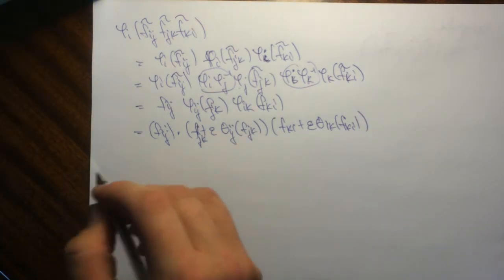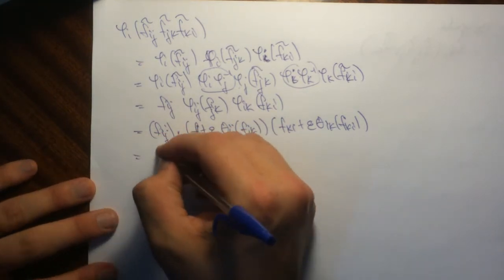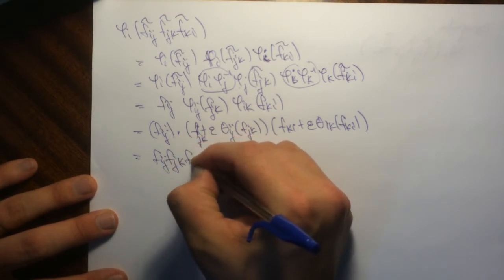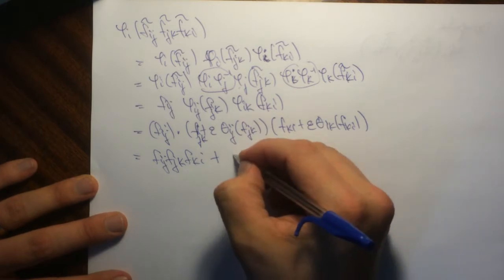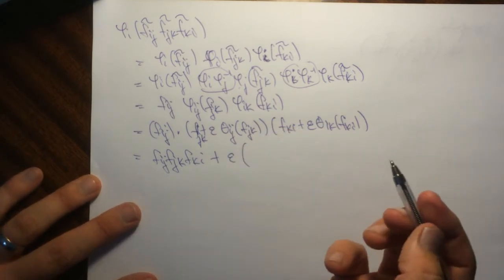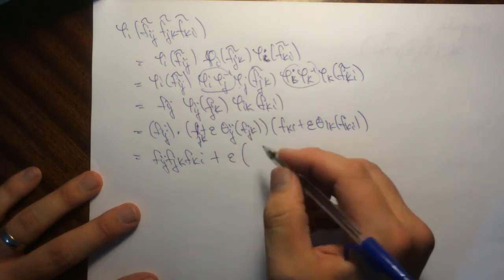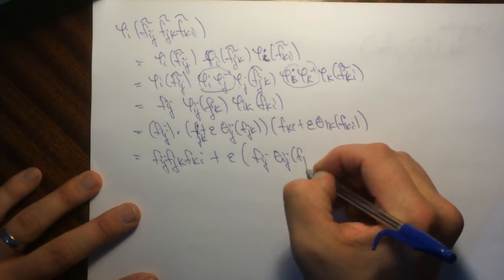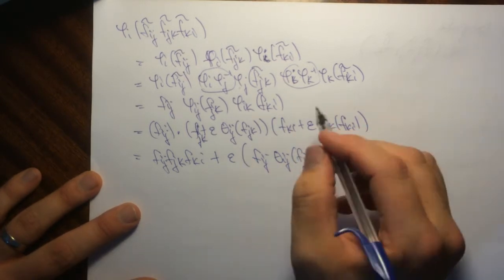Okay, so here we're just going to expand out. So this is Fij, Fjk, Fki. Okay, and then we have epsilon. And now we're going to collect all the pieces with epsilon. So we can have this one, and this one. So this is Fij, theta ij, Fjk, Fki, plus, and now what else can we have?